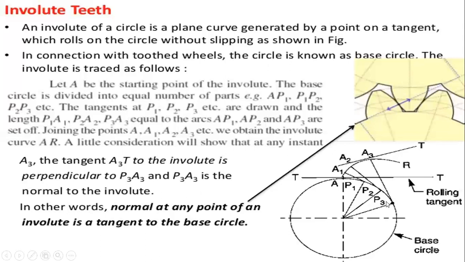These are the intersection points on the tangent, and these three A1, A2, A3 are the curve points formed from the tangent. This is the involute, taken from that point. The meshing is done at that point, which is the common point of the curves, so that is the meshing point.